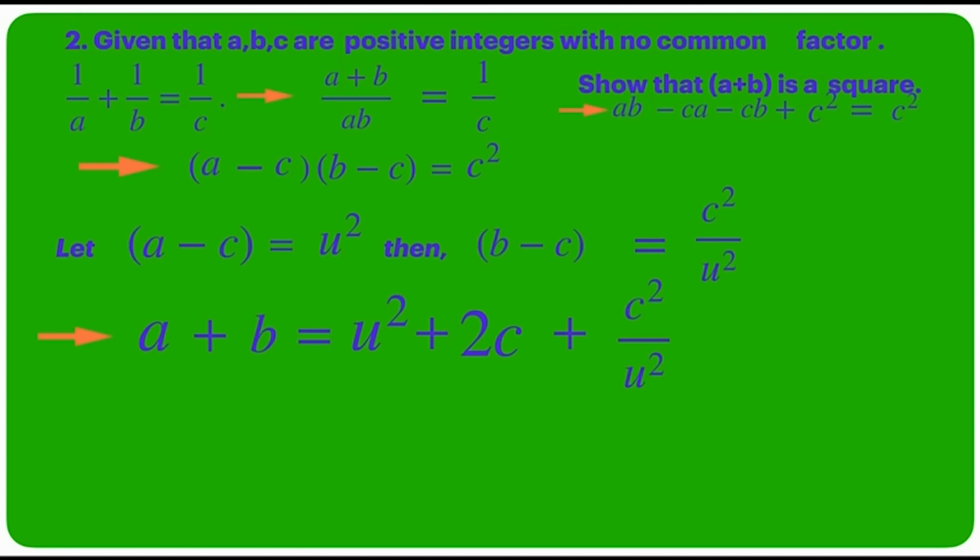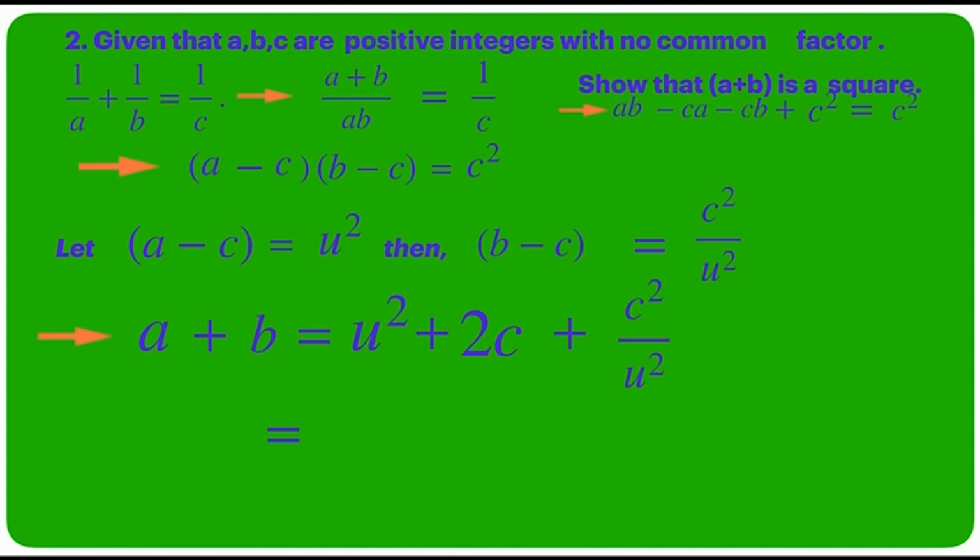Because if we take u as the first term and c by u as the second term, then first term plus second term whole square we can take, because u square plus 2 into u into c by u, that is cancelling u, so we can get 2c. So here 2c means 2 into u into c by u, and plus then c by u whole square. So u plus c by u whole square, we can write this.